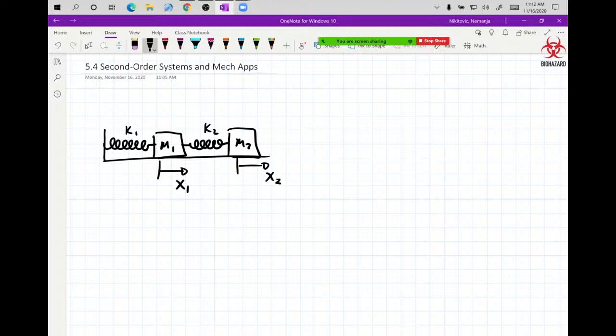I could connect another spring over here with a K3 and then add an extra term, but just for the introductory problem, we don't have to do that.